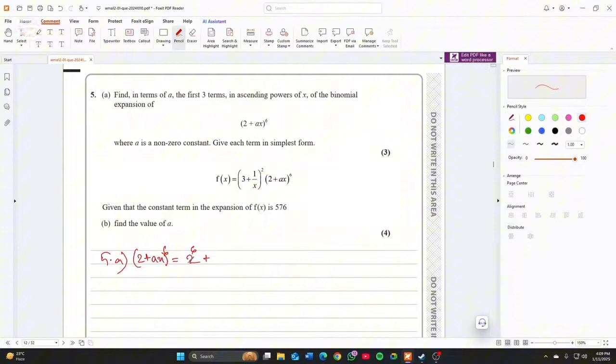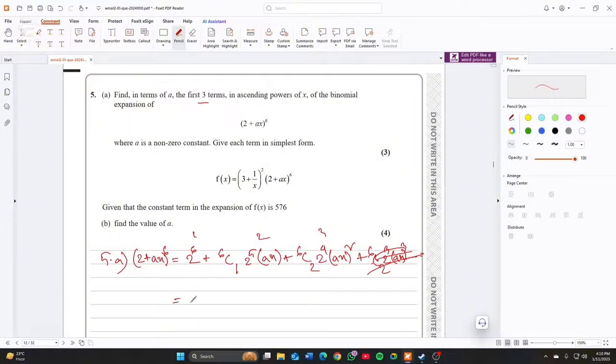So 2 plus ax to the power of 6 equals 2 to the power of 6 plus 6c1 2 to the power of 5 ax plus 6c2 2 to the power of 4 ax whole square plus 6c3 2 cubed ax cubed, and it goes on. Okay, we just need 3 terms. So this is our first term, second term, and third term. We don't even need this value.